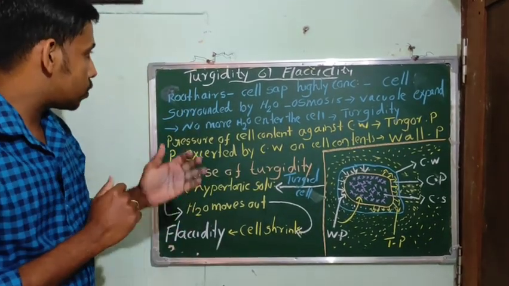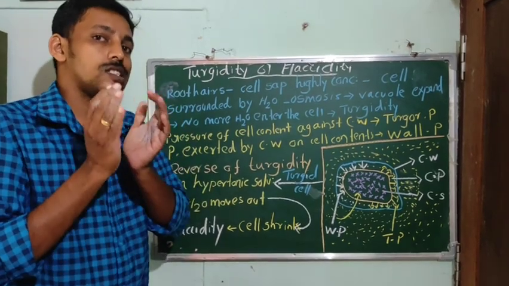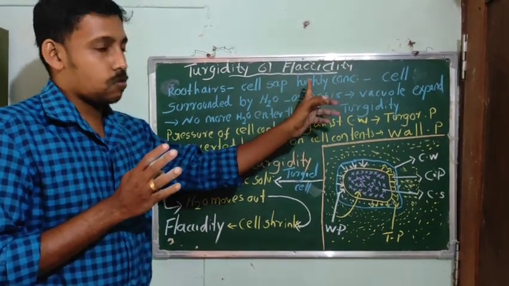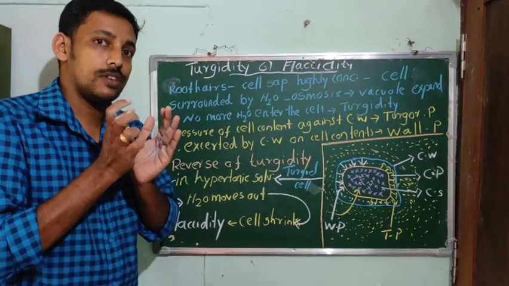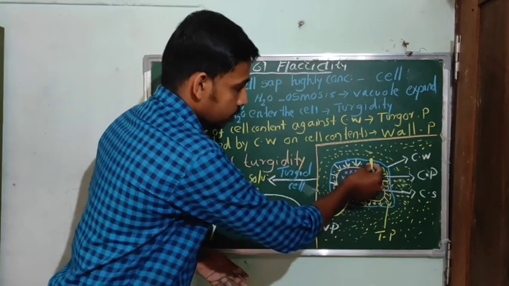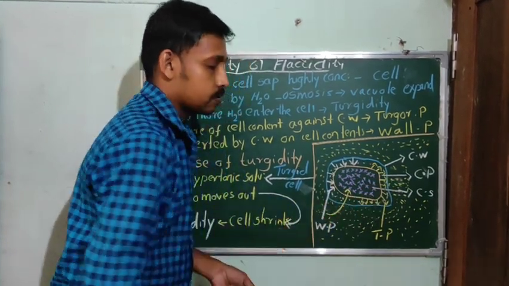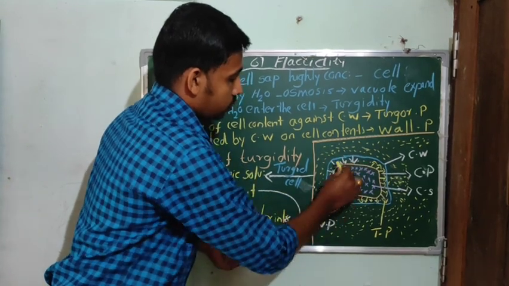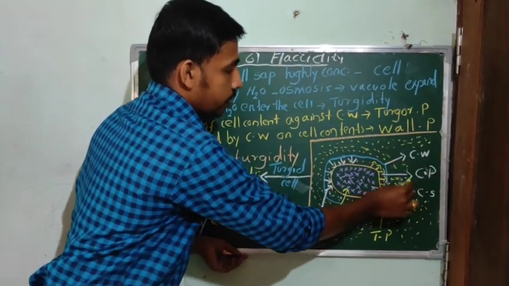The cell sap is highly concentrated. You just look here. This is the cell. Here it is surrounded by water.